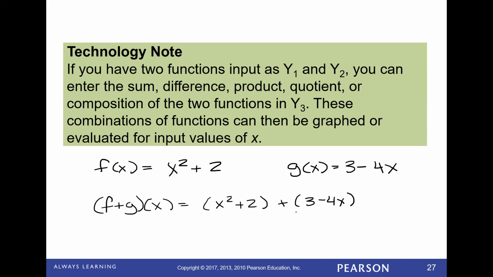It literally will not tell you that. So I will actually have to do this part by hand if I ask you for the function that gives you the combined functions of these two. But I can make it graph this. So let's take a peek at that. Let's go get our graphing calculator again.